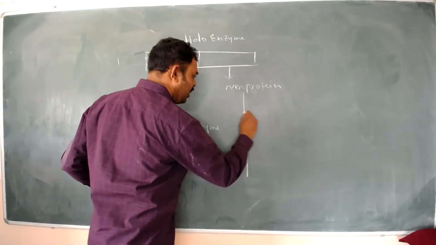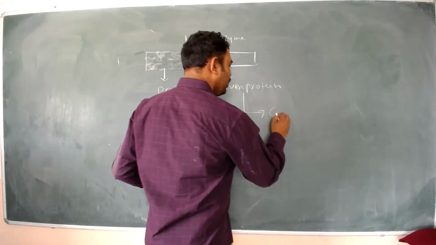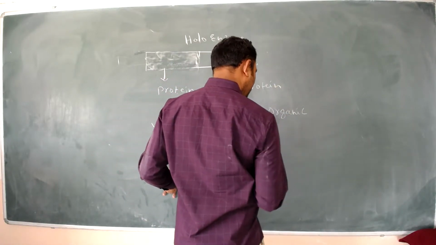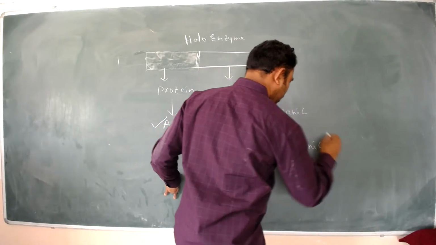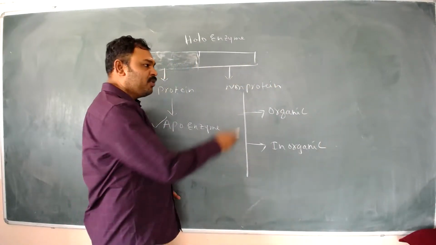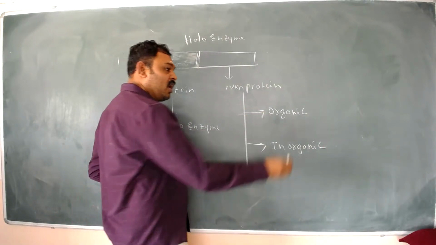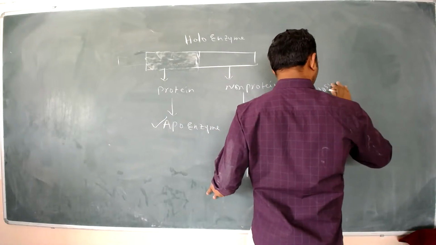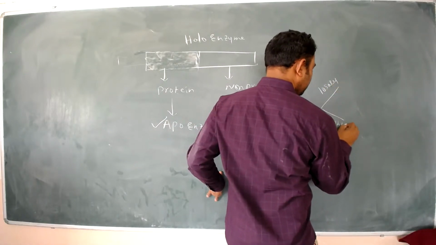How is the non-protein part called? It may be a coenzyme, made of organic composition. The non-protein part is made up of organic or inorganic composition. The organic composition may be loosely binding or tightly binding.